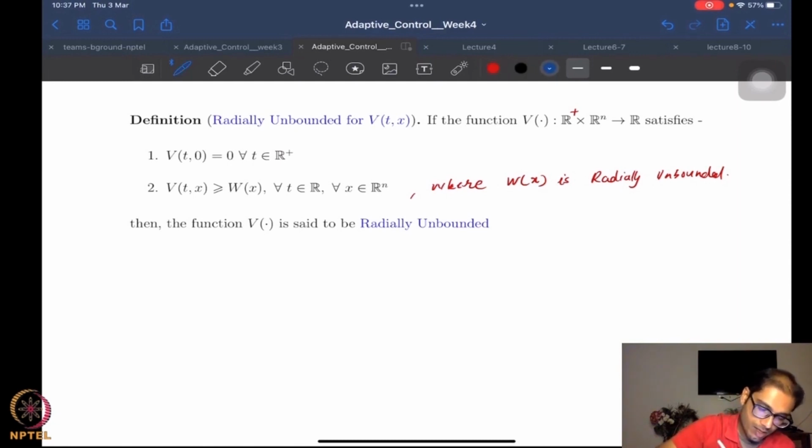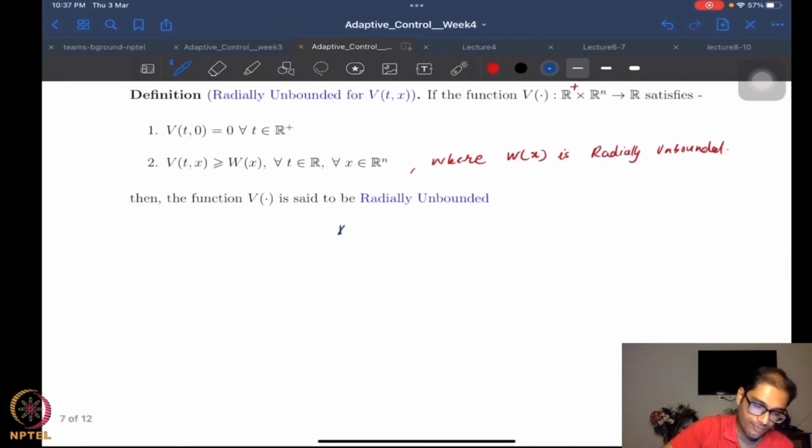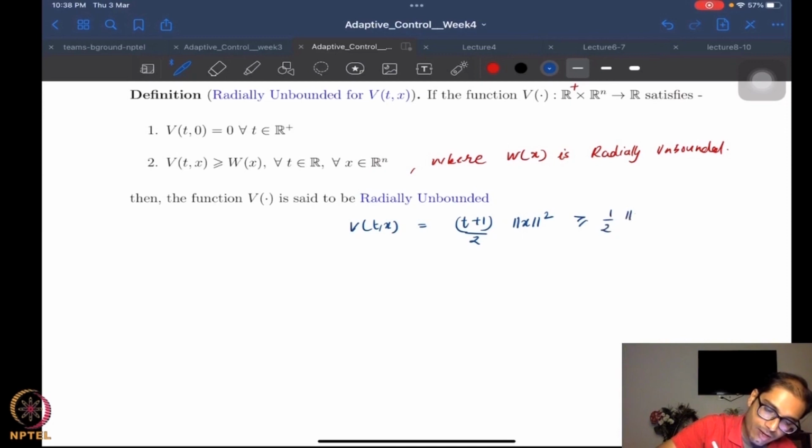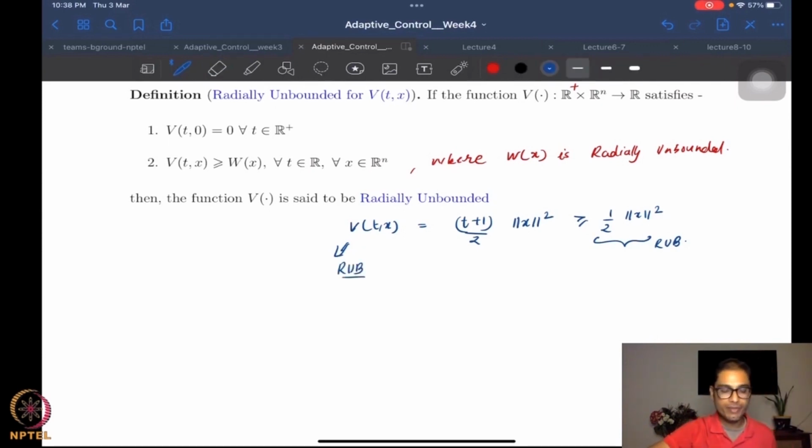I can simply take V of t, x as again something like t plus one half norm x squared, and we know that this is greater than or equal to half norm x squared, which is of course radially unbounded. So this implies that V is radially unbounded.